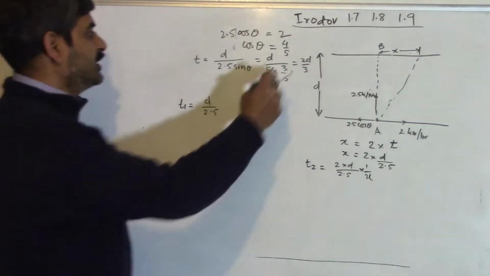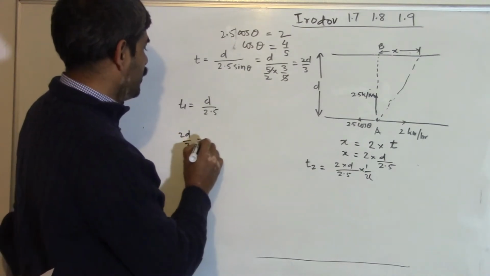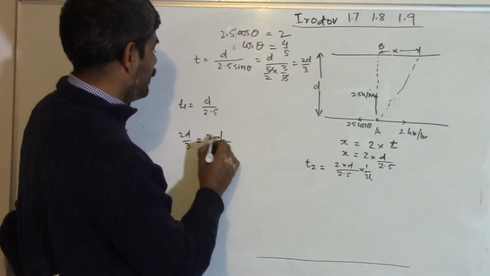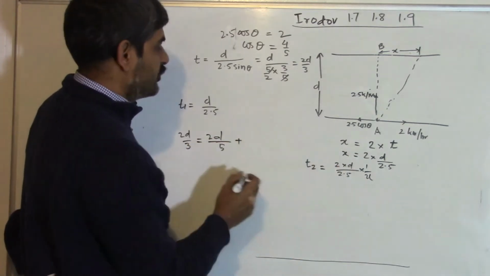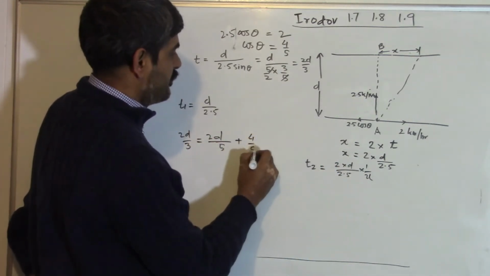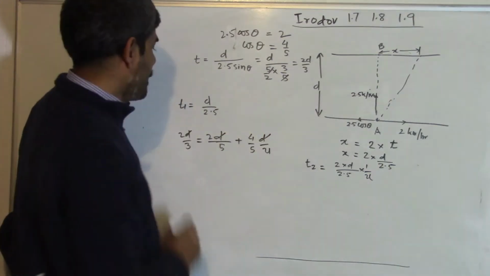Now what is our condition? This time, 2d by 3, must be equal to this time t1 plus t2. I can write it as d by 5 by 2 plus this one, which I can write as 4 by 5 d upon u. Cancel out d.